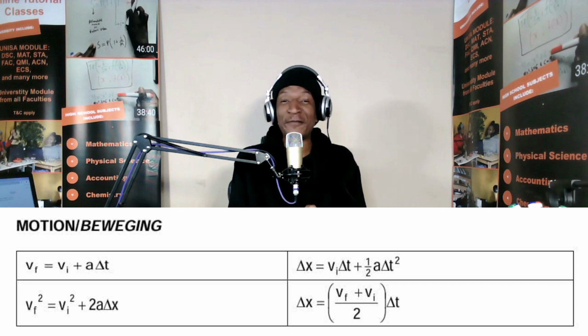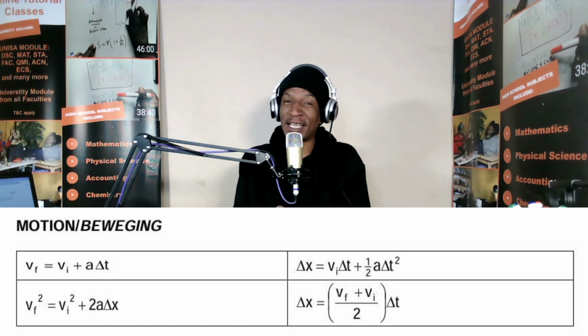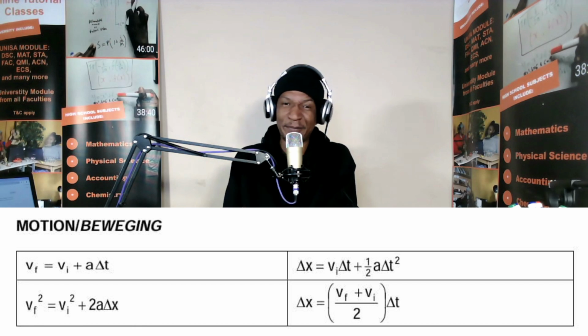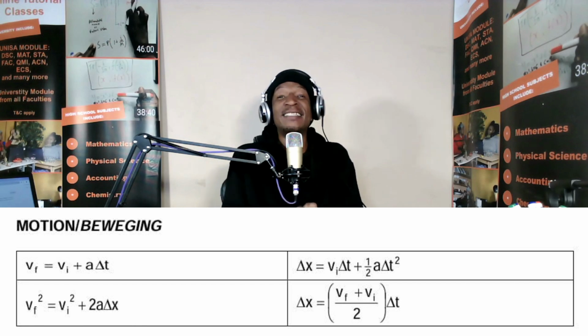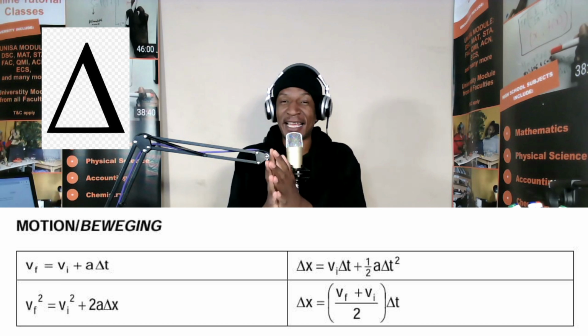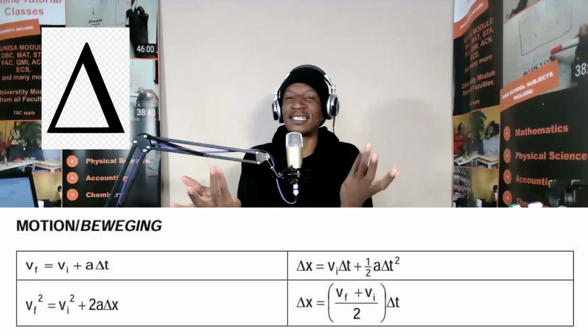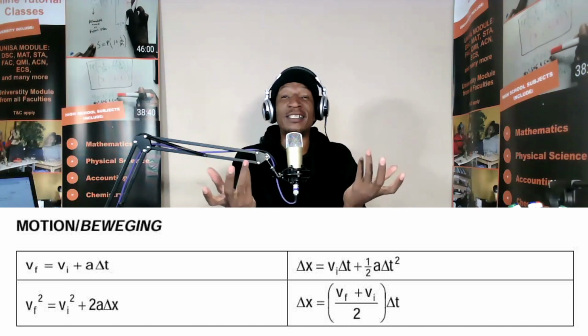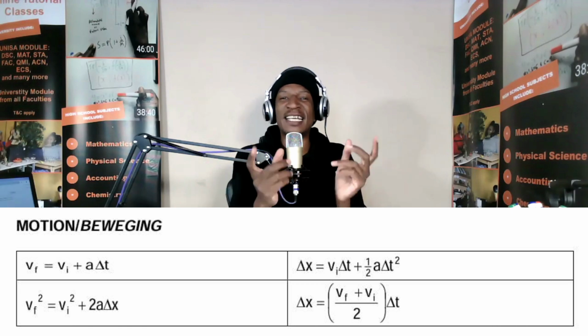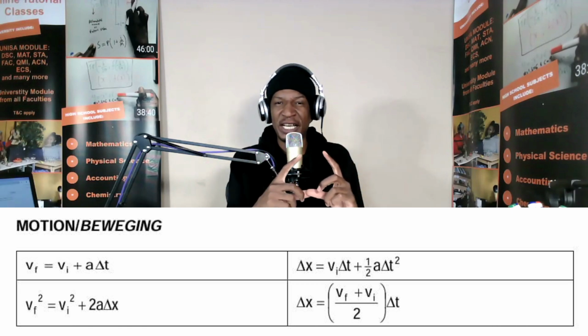Some students believe the triangle is a variable of some sort that needs to have a value as well. We call the triangle delta in physics or in the scientific world, because it's a Greek letter that represents change.